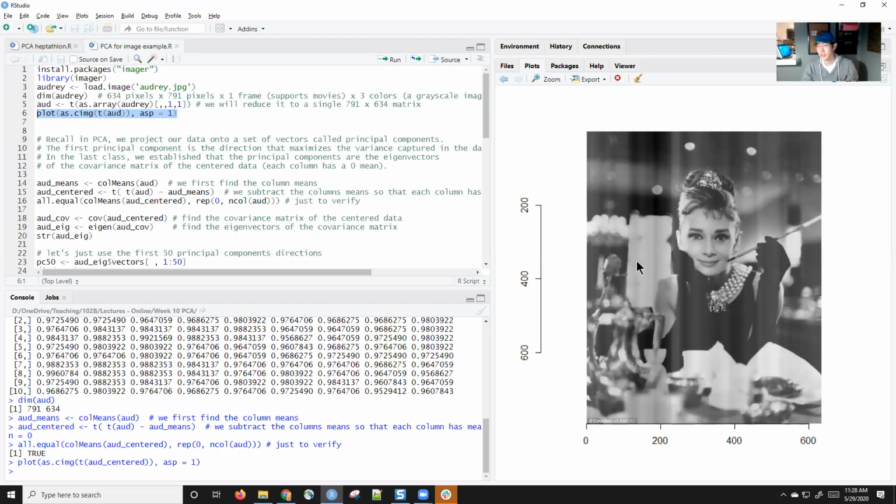And so that's what we get here, okay? What we see is, in a column where there's lots of white, it kind of grays it out here.